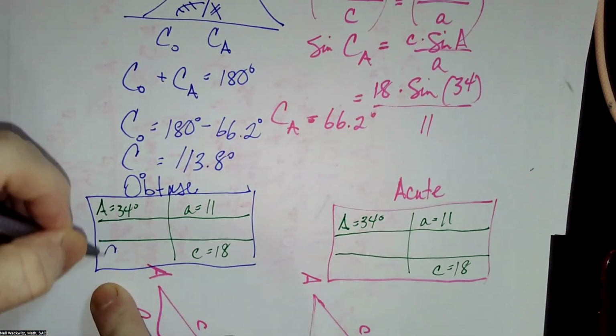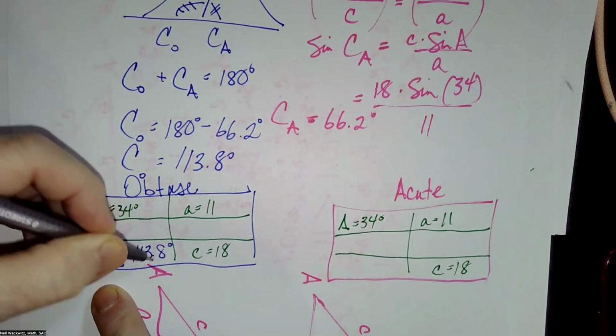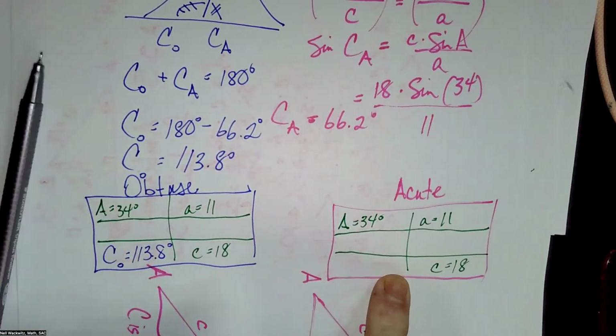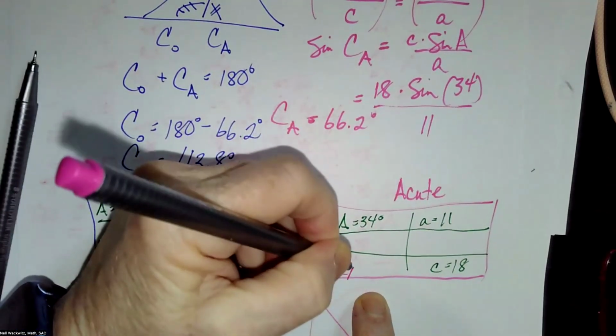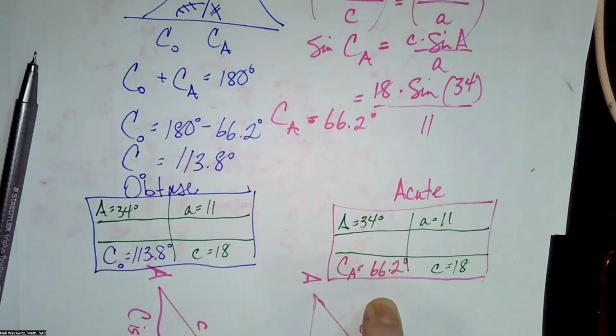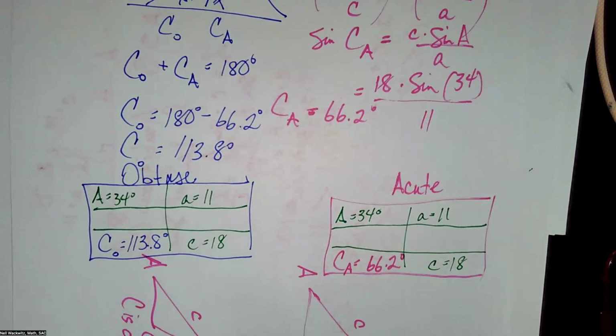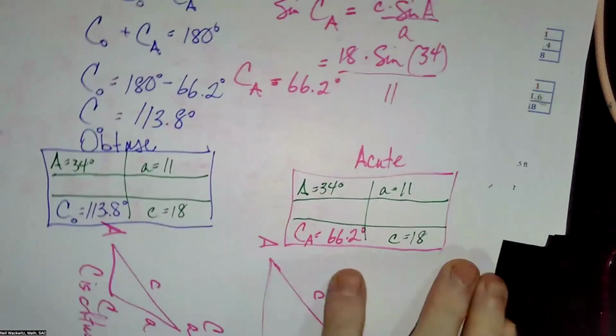So here we're going to have C obtuse, and here we're going to have C acute. So it really isn't that hard to find the two triangles, but it's important to know that you need to find the two triangles. Okay, well, let's start with the acute.